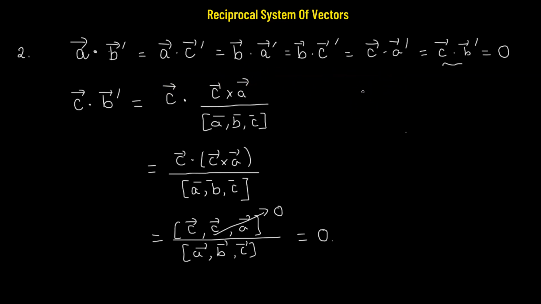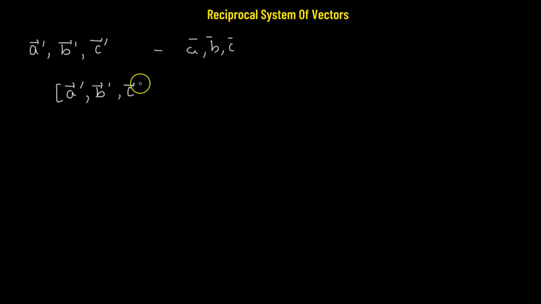Let's go to point number 3. We have already discussed that the vectors A prime, B prime and C prime are three non-coplanar vectors and are reciprocal to the vectors A, B and C. Then in that case we can say that the scalar triple product of vectors A prime, B prime and C prime is also going to be the reciprocal of the scalar triple product formed by these three non-coplanar vectors.